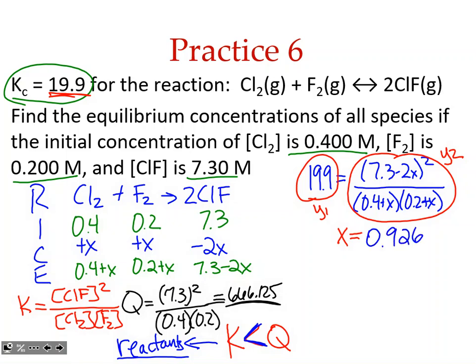All right, now all we have to do is finish it off. Stick them in here. Add these in. So the concentration of Cl2 is going to be 0.4 plus 0.926.